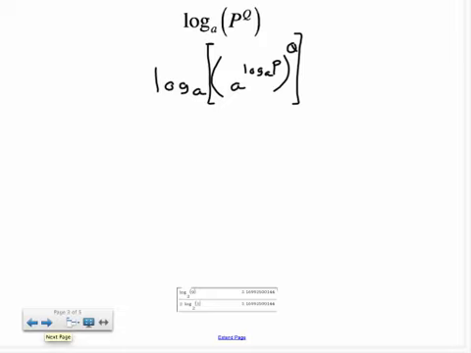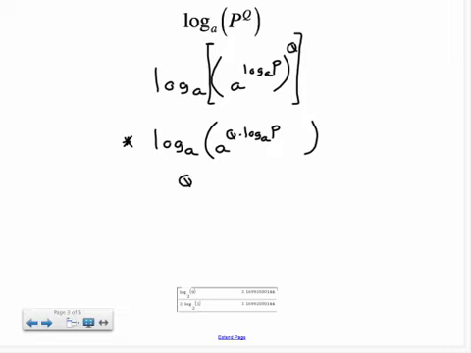Okay, now we have a rule from chapter 1 that says power to a power allows us to multiply the exponents together. So on the inside, I could have A to the Q times log base A of P, by multiplying these two exponents, Q and log base A of P, up here in the top. Okay, and then we're going to use key fact number 2. It says log base A of A to the stuff, which is what I have here on this line, is equal to the stuff.